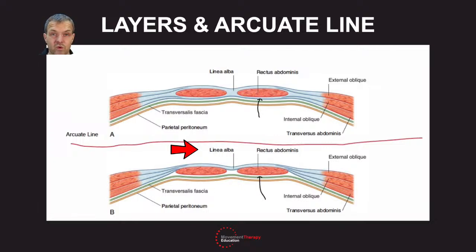So again, we're talking hernias, after the inguinal ligament last time. We've got three muscle layers, and we'll go into the names of these muscles at a later date.